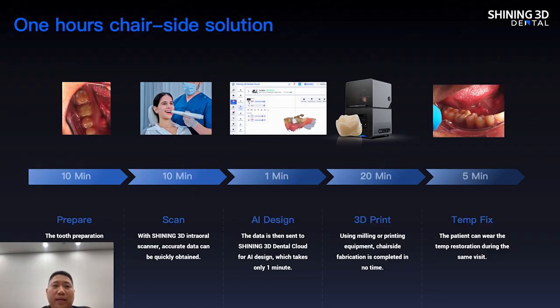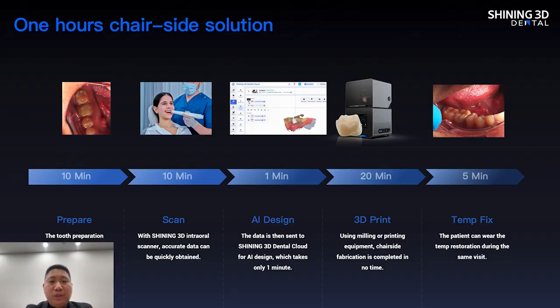So with our AI design, we can tie everything together to form a 1-hour chairside solution. For example, a dentist will use 10 minutes to make the tooth preparation, and then he can use our scanner to get the prepared teeth within 10 minutes and send the data to the cloud.